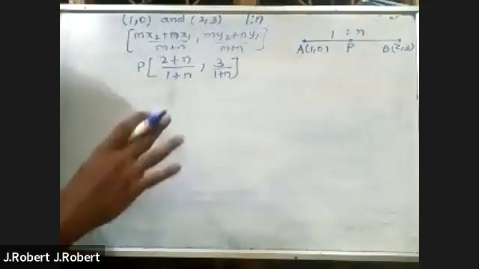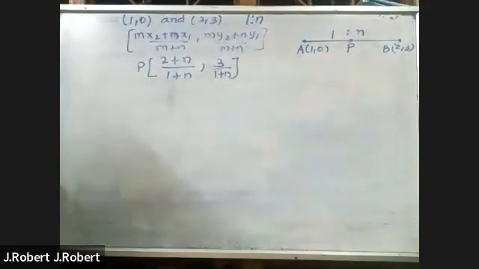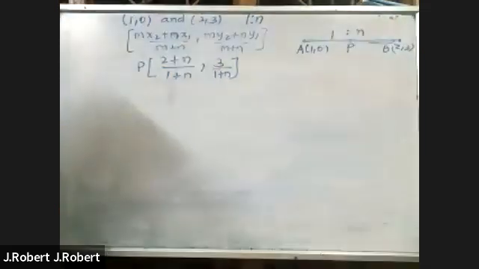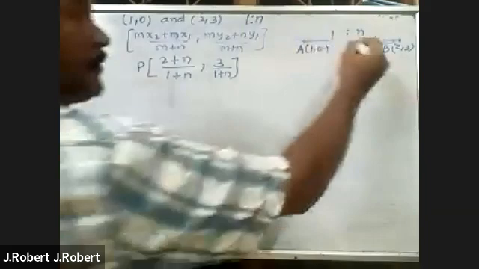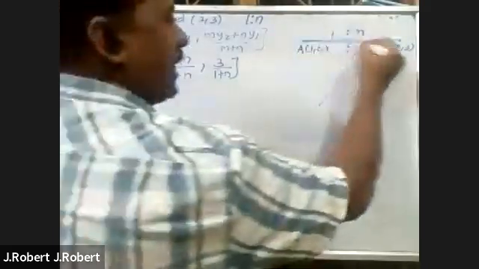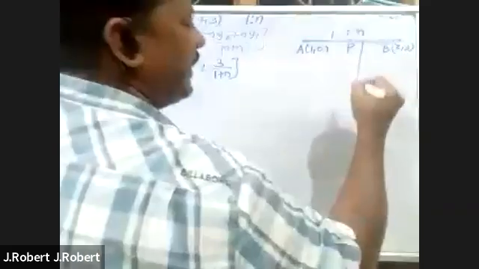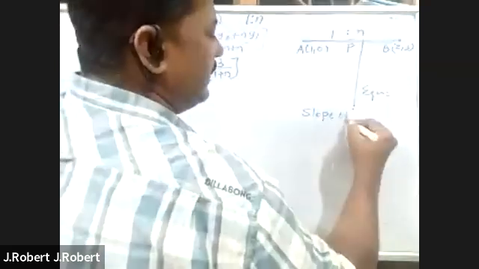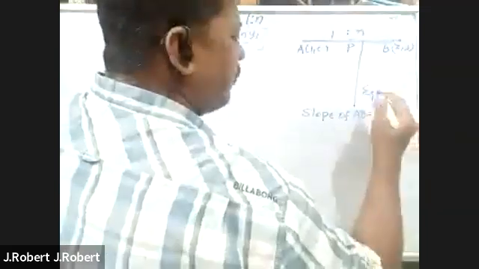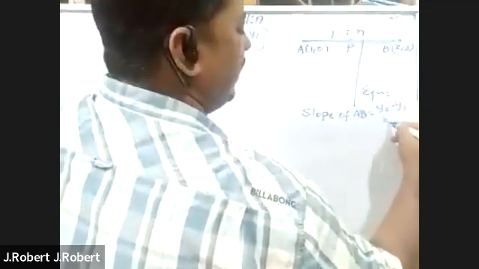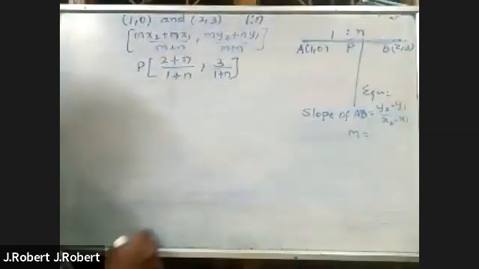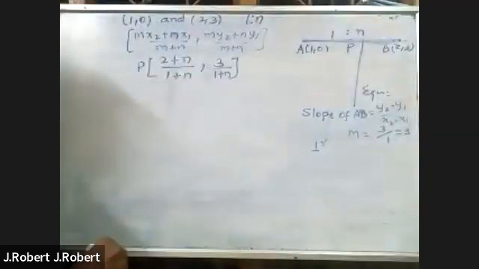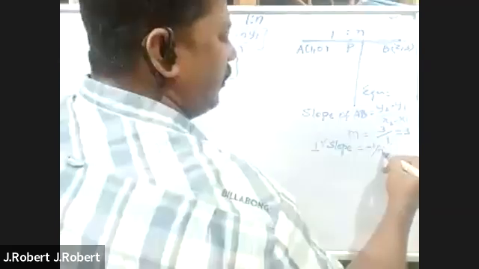Now, through this point you have to find the equation of the straight line. If there are 2 points on the line, we can find the slope of AB. The question says a line perpendicular to the line segment, so the line is perpendicular to AB, and that perpendicular line is the one for which we find the equation. The slope of AB, using the formula (y2 minus y1) divided by (x2 minus x1), is (3 minus 0) divided by (2 minus 1), which equals 3. Now we need the perpendicular slope, which is minus 1 by m.